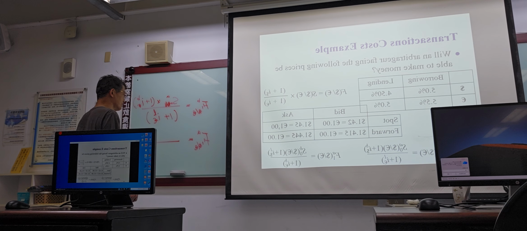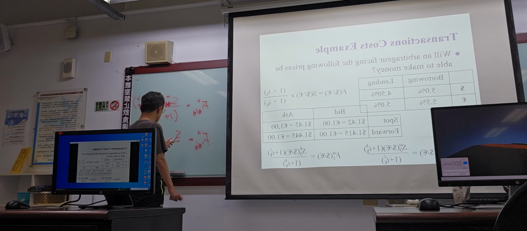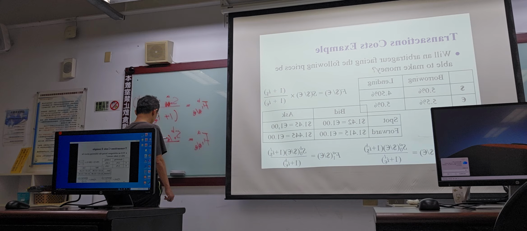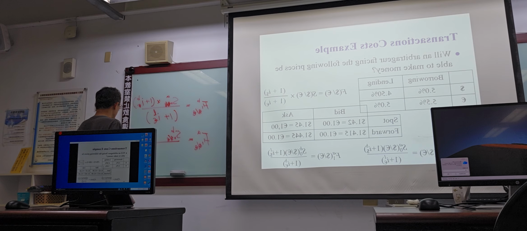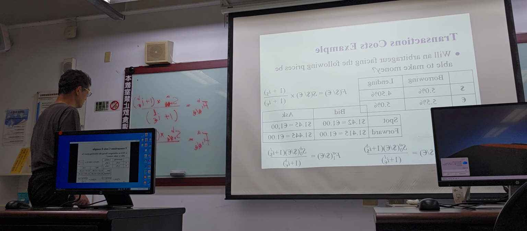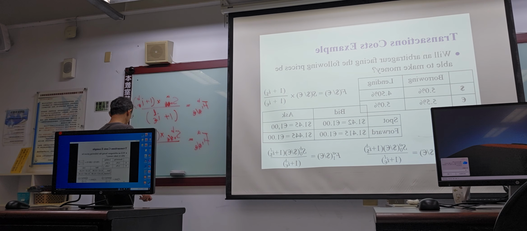The theoretical ask equals to spot bid price times by 1 plus US dollars lending rate and divided by 1 plus euro borrowing rate.